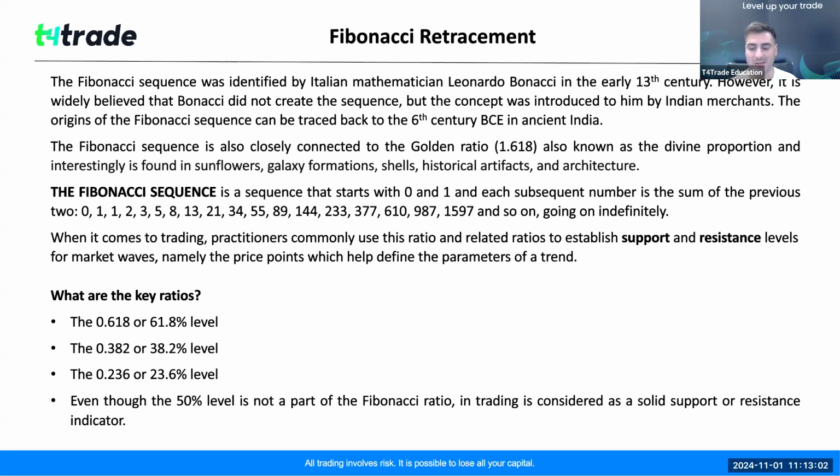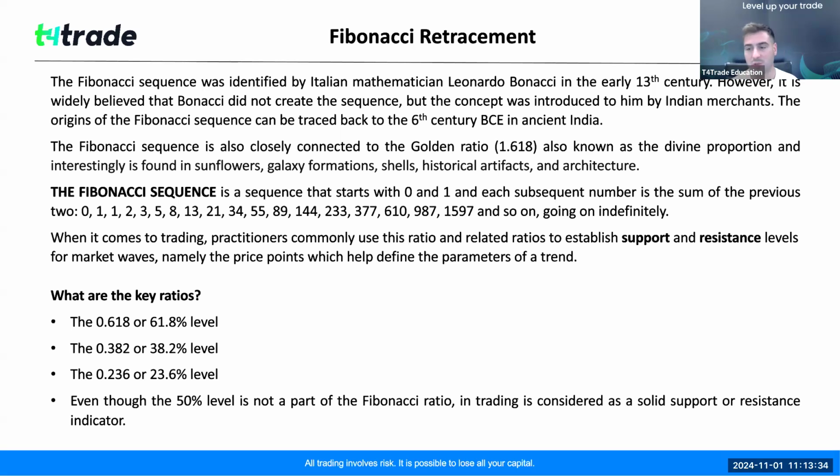Interestingly, it can be found in many aspects of what we call reality: in sunflowers, in the way the petals and the flower in general are formed, in seashells, in galaxy formations, in historical artifacts, in architecture, in faces, pretty much everywhere around us. You can spot this ratio.